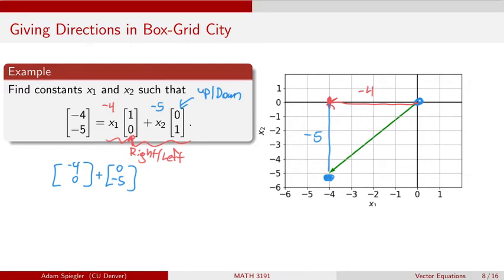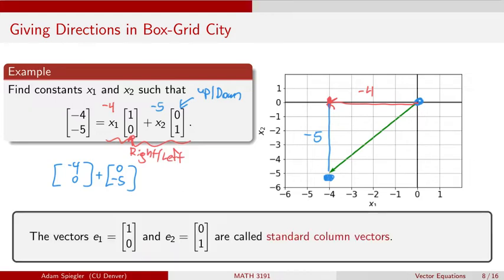And this is typically how our minds are most naturally wired to work, that is, giving directions that are directly to the east and west or north and south. So for that reason, we describe these 2 vectors in R2 as standard column vectors. So we would denote E1 as a vector whose first entry is 1, second entry is 0.